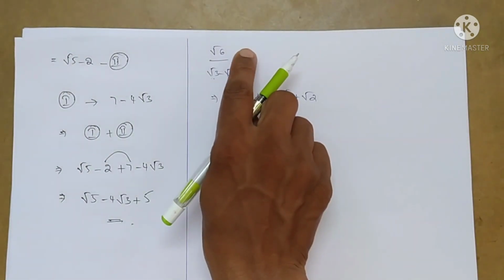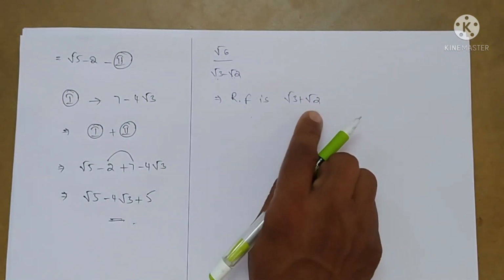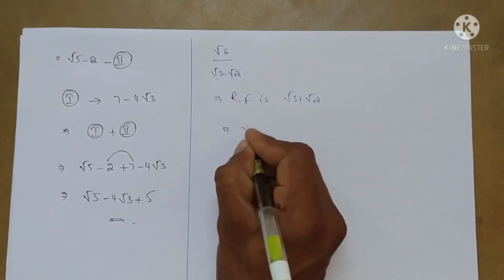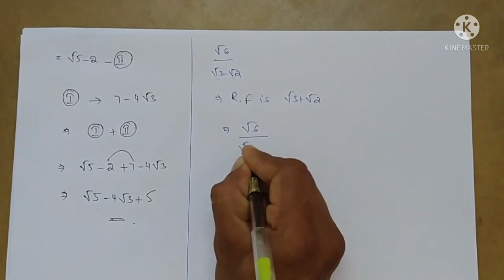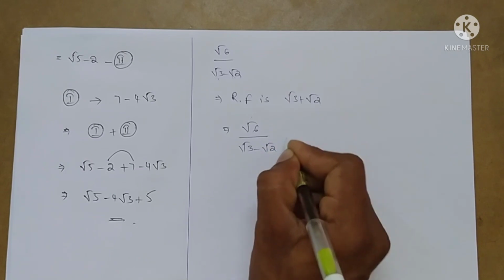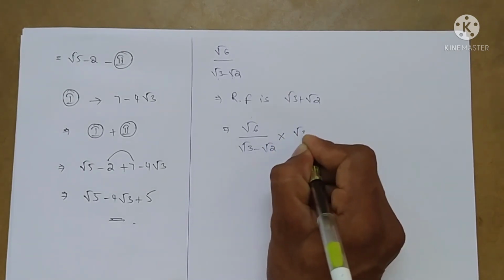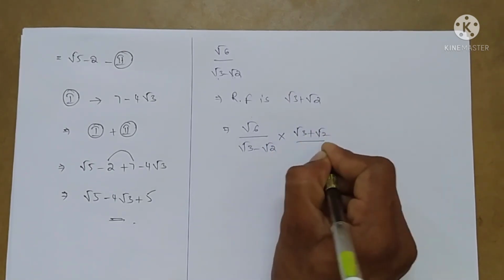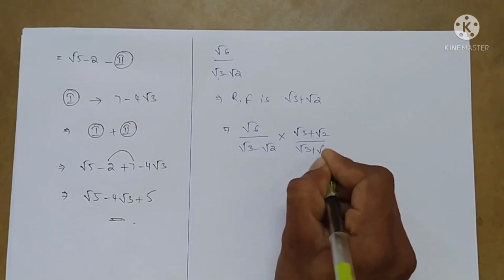Multiply numerator and denominator with root 3 plus root 2. That is equal to root 6 by root 3 minus root 2, into root 3 plus root 2 by root 3 plus root 2.